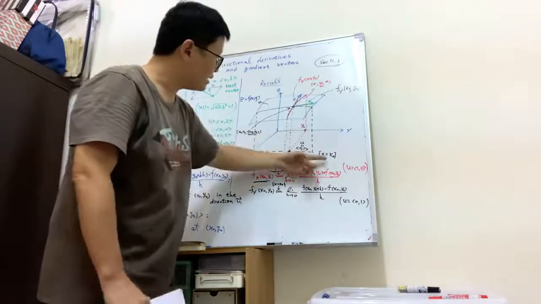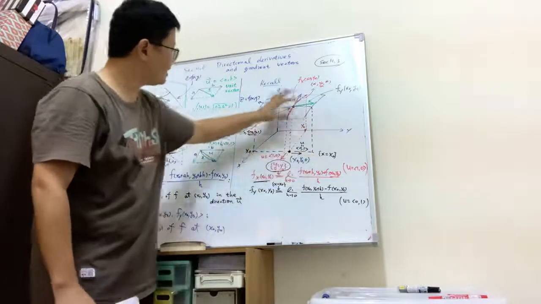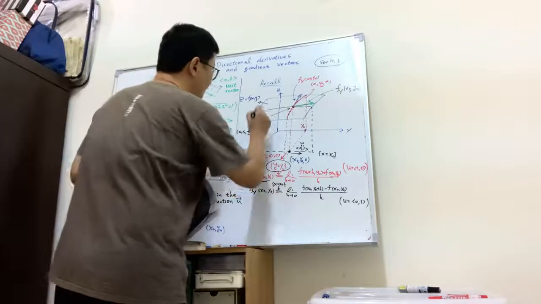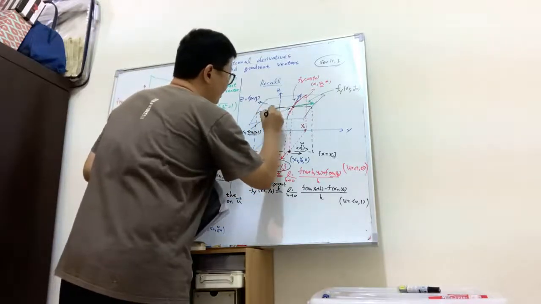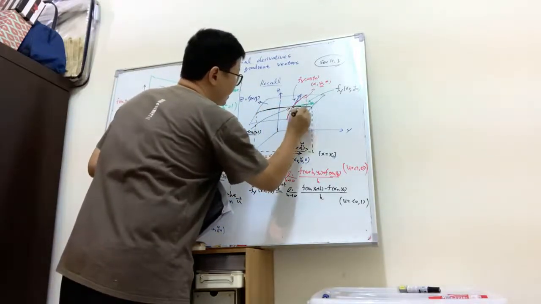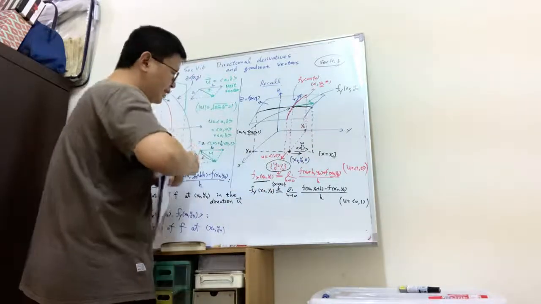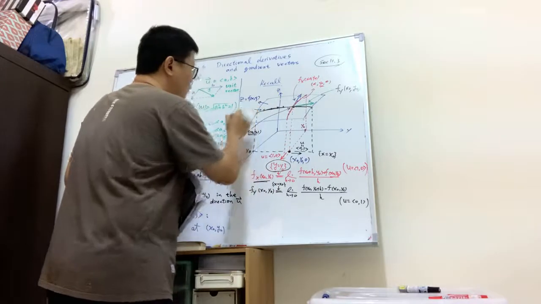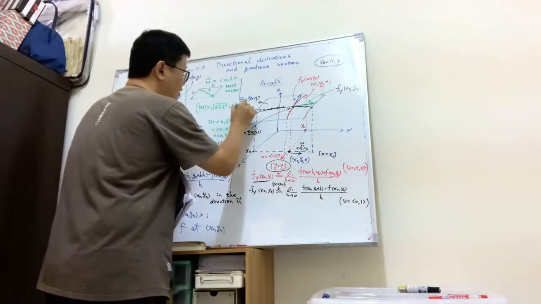We have the plane x equals x0, and then the graph g equals f of x, y. So they have the intersection, the intersection in black color. In this intersection, each point's x coordinate value is always x0.